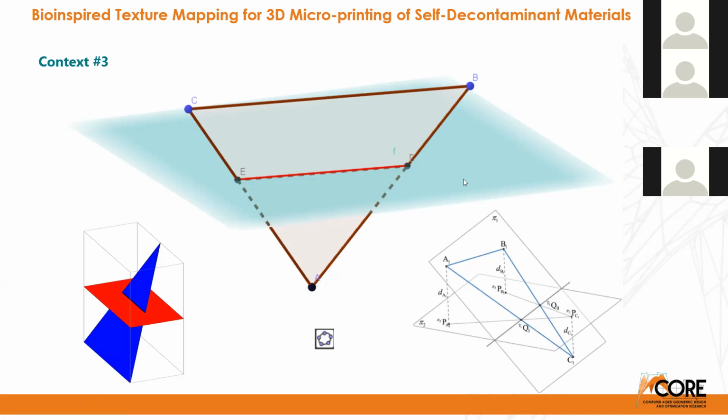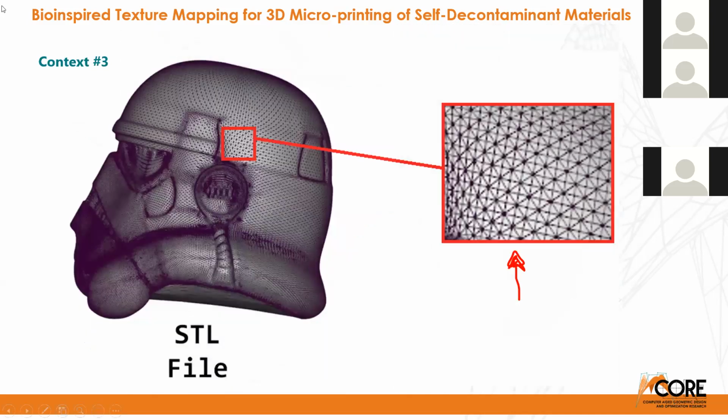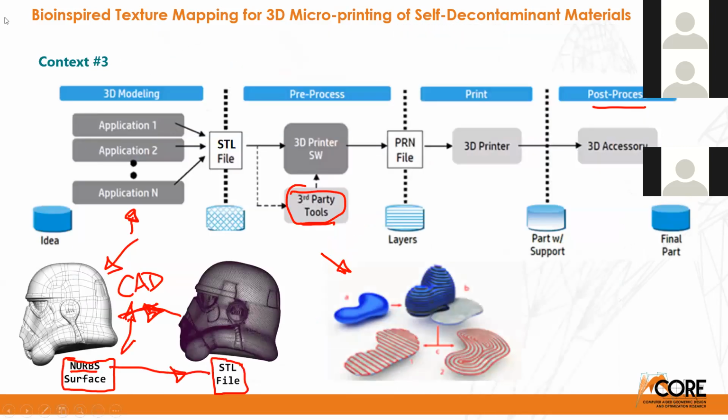We were working with NURBS type of surface. NURBS is the acronym for non-uniform rational B-splines. It's a spline type of surface. So our project was to do the slicing directly on the NURBS instead of doing this conversion to STL beforehand. So this was our project.